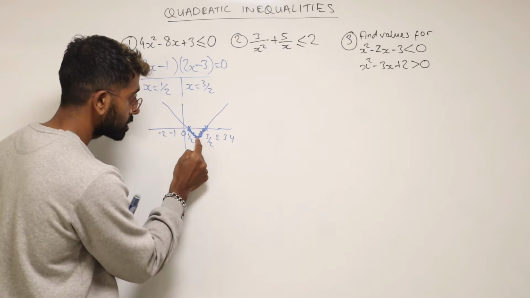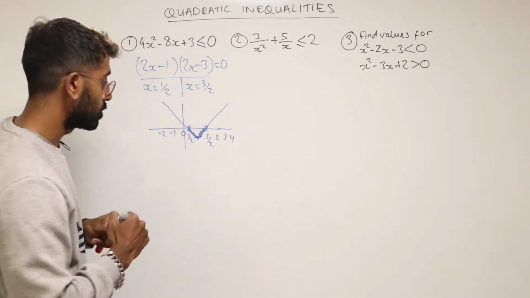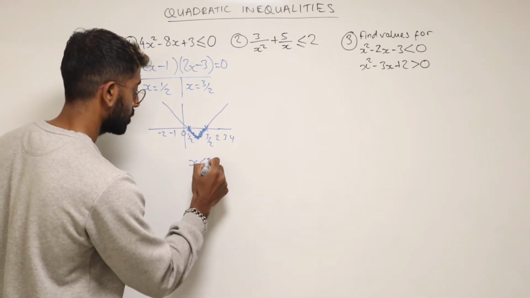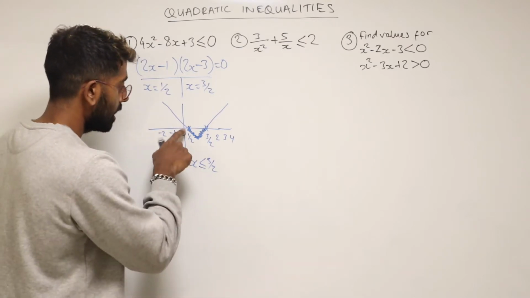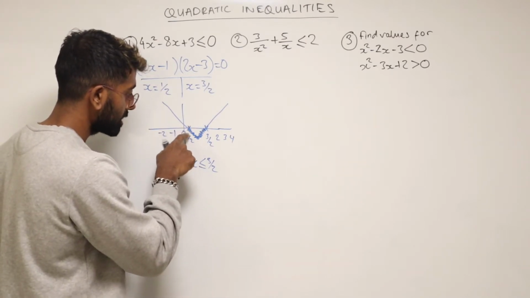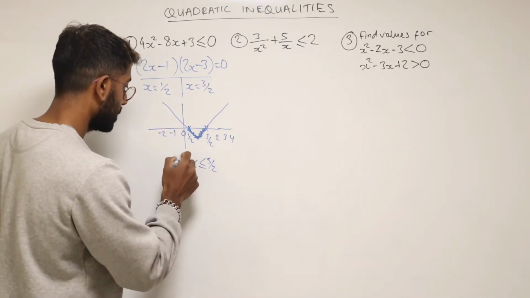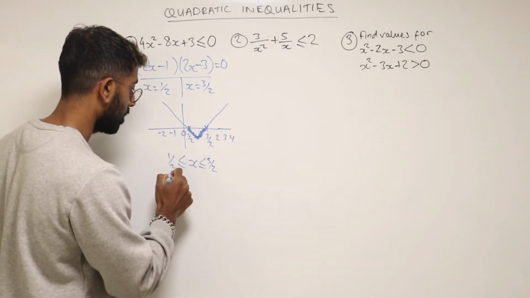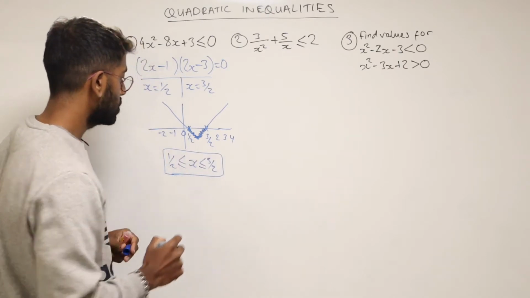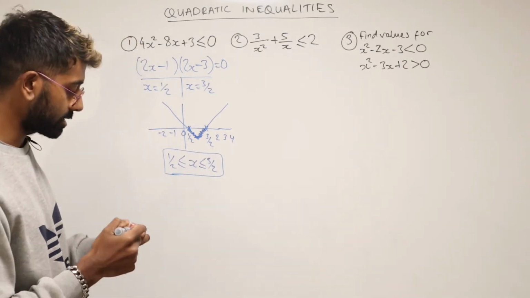They're getting smaller than or equal to 3/2 this time. And then as you go off this way, remember that's a half, so as you go off in that direction, the x values are getting bigger than or equal to a half. So we can give our answer like this.